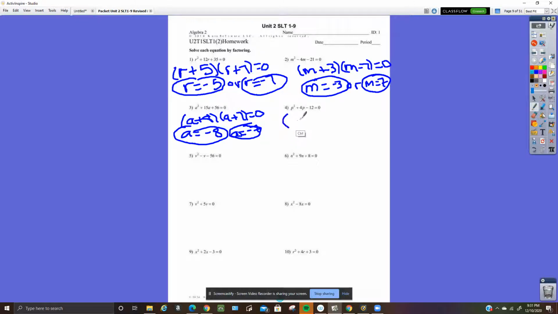So the factors of -12 that add up to 4 would be +6 and -2. So you got P equal -6, or P equal 2.